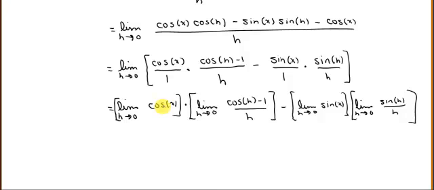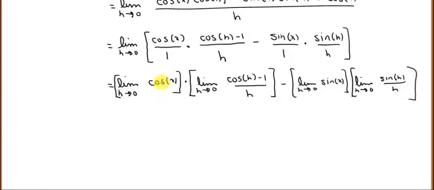And of course, cosine of x does not depend at all on h, so the limit as h approaches 0 of cosine of x is simply cosine of x. From above, the limit as h approaches 0 of cosine of h minus 1 over h is 0.